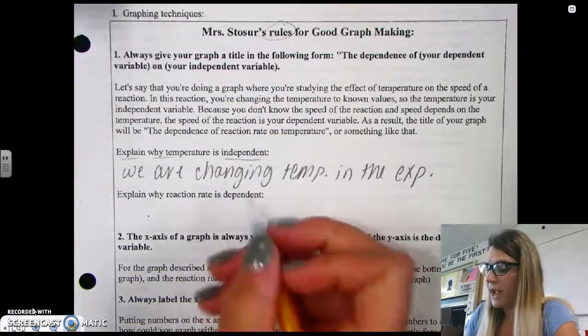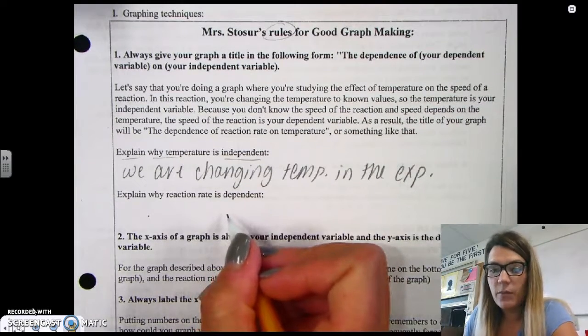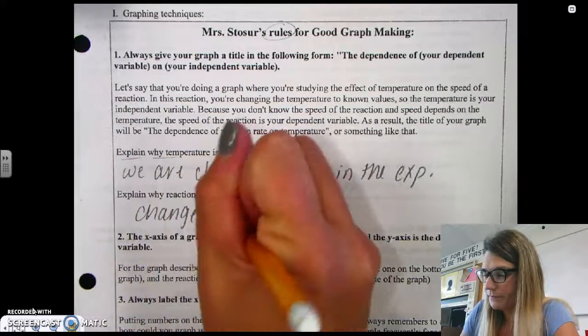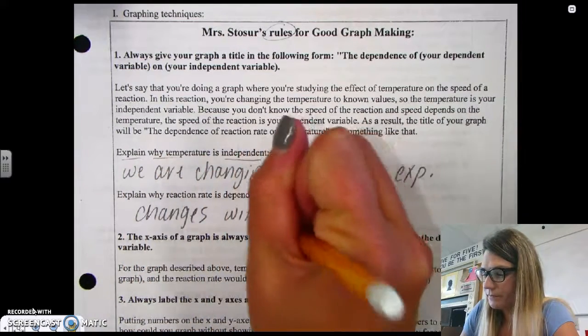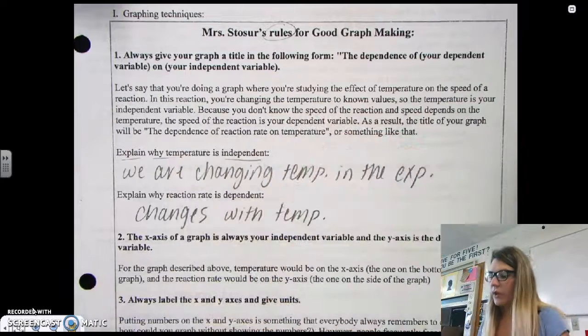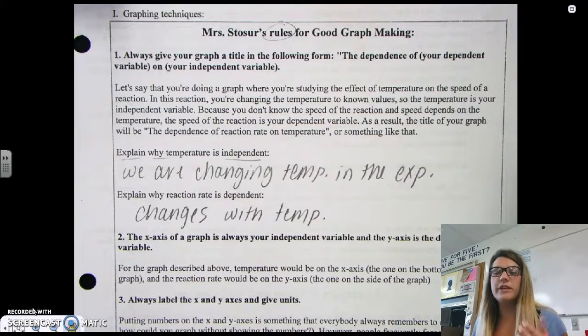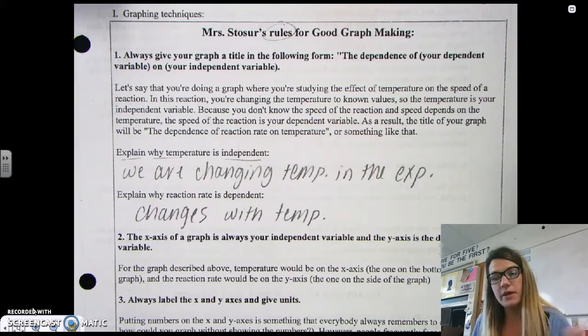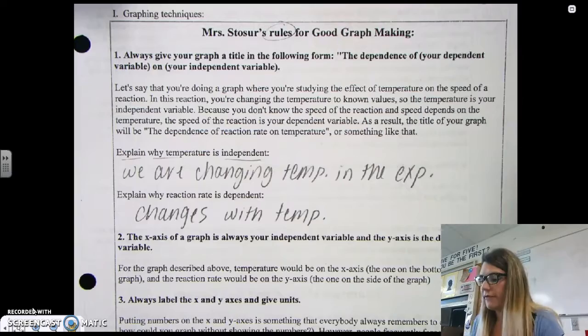Therefore, reaction rate is dependent, because it changes with temperature. If I was to give a title to this graph, I would say the dependence of reaction rate on temperature.